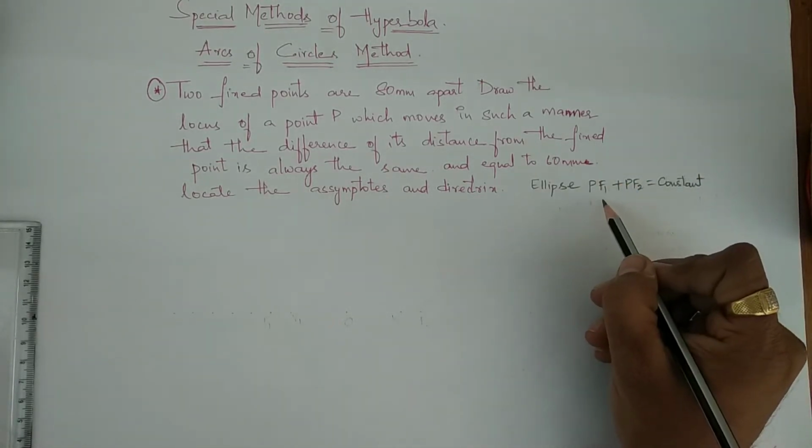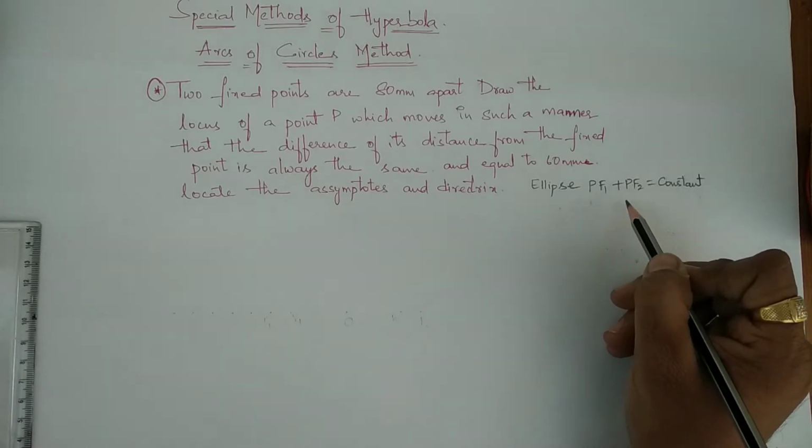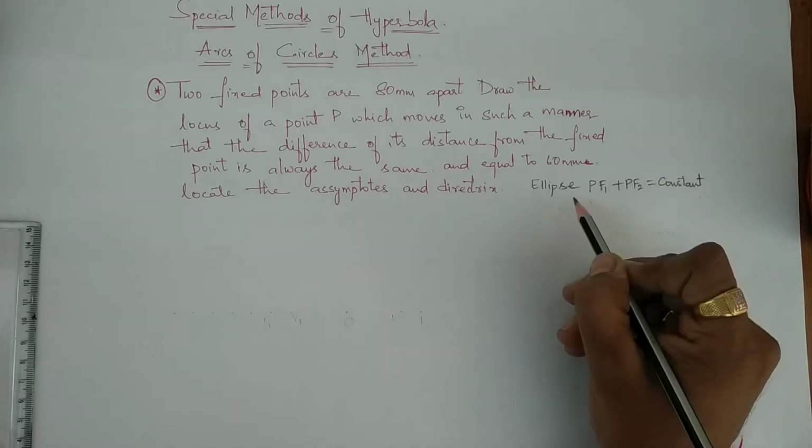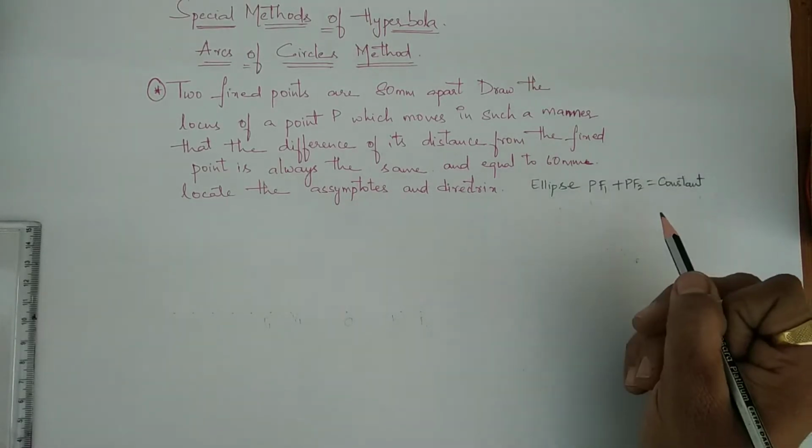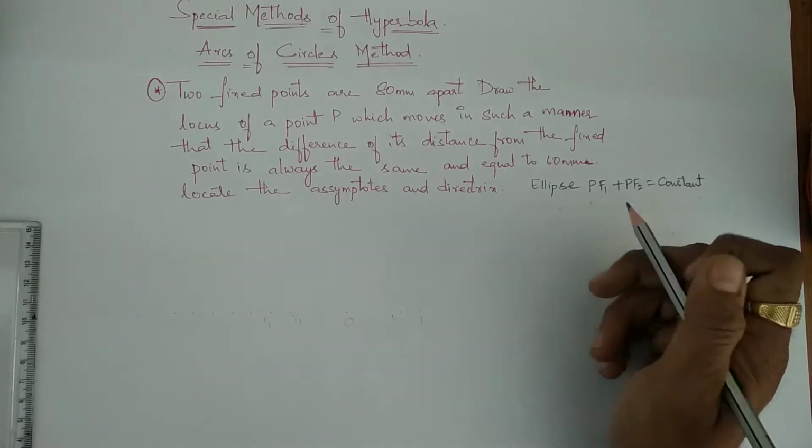If it is said that the sum is constant, then we have to draw the ellipse.